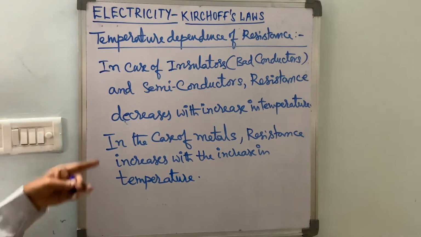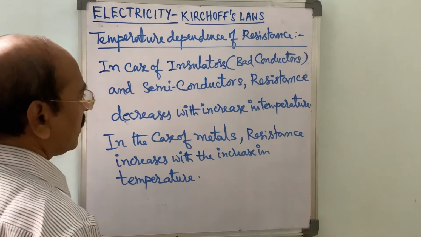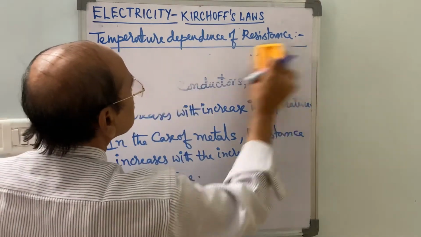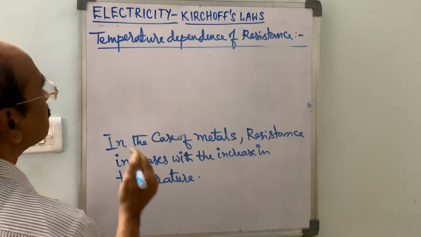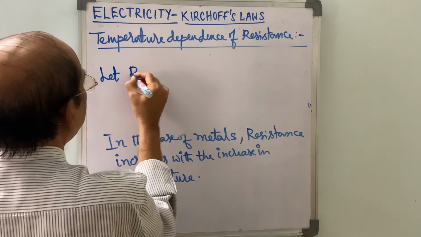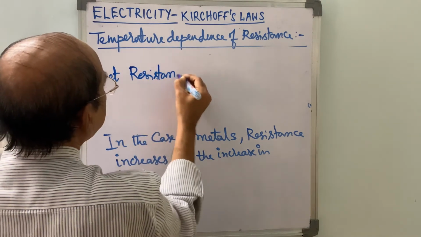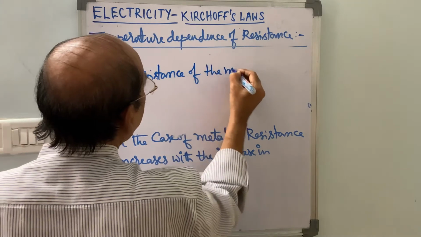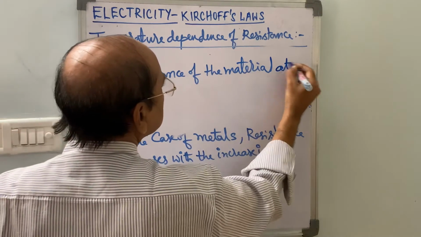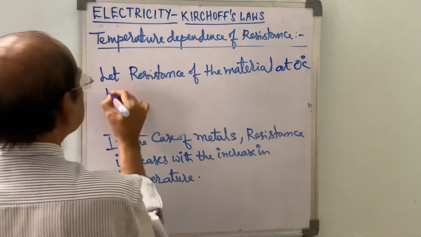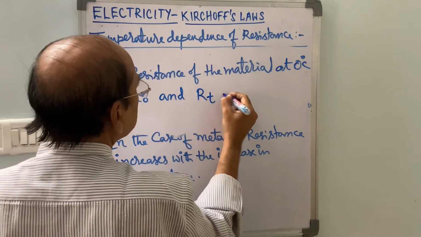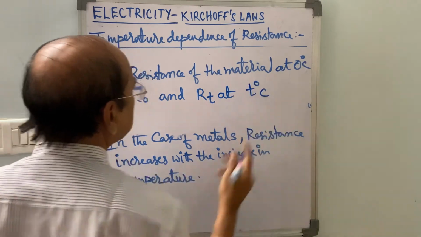Now we know how the resistance of a material changes with increase in temperature. Let the resistance of the material at 0 degrees centigrade be R0 and RT at T degrees centigrade.